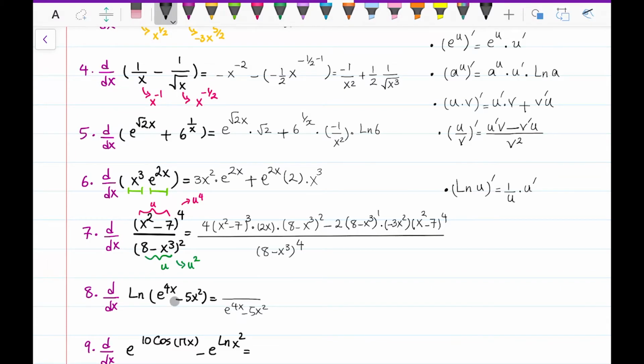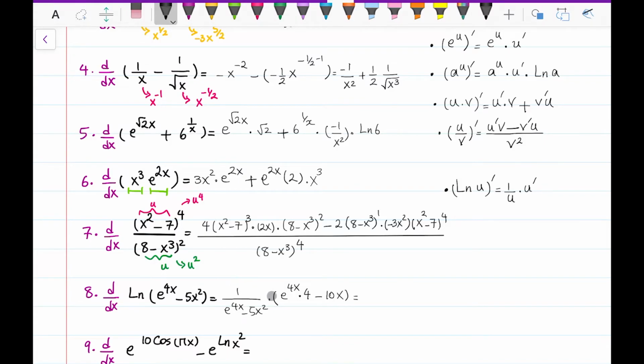Times the derivative of this part. So what is the derivative of that? Derivative of e to the 4x, as we reviewed in here, would be e to the 4x times derivative of the function that is inside, which is 4. Now, minus derivative of 5x squared, which would be 10x.